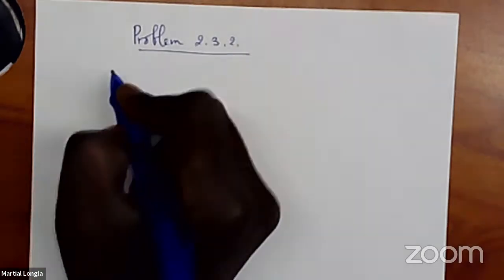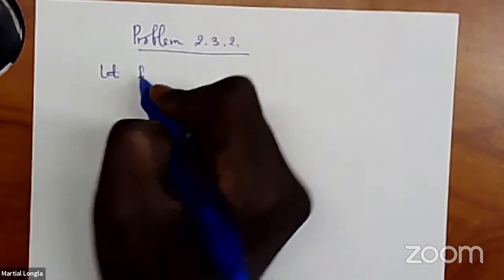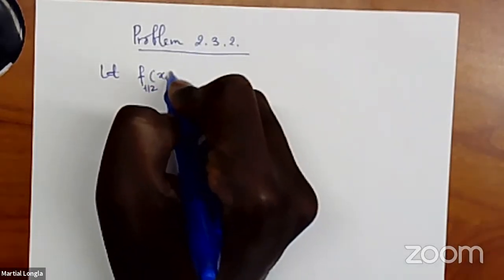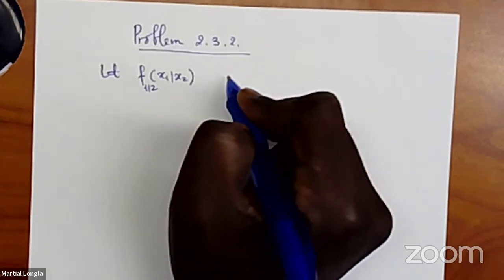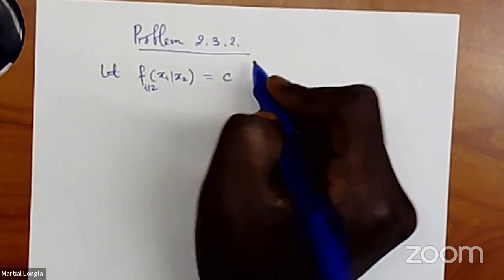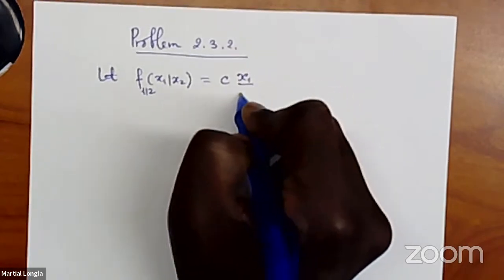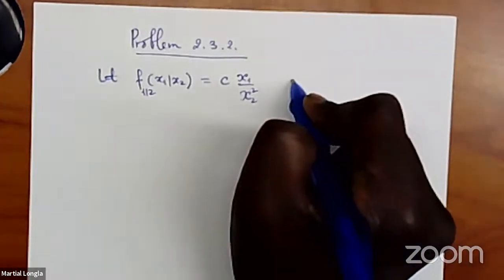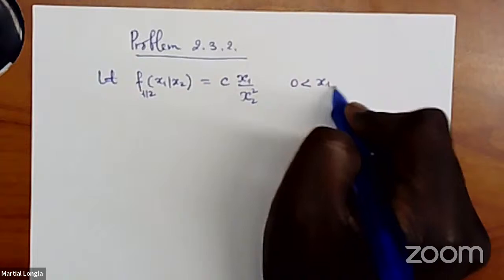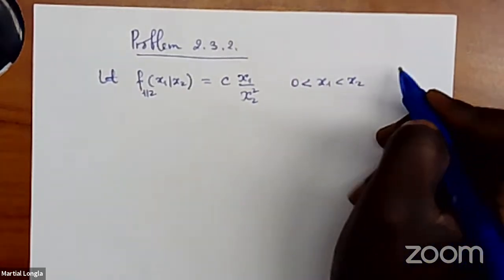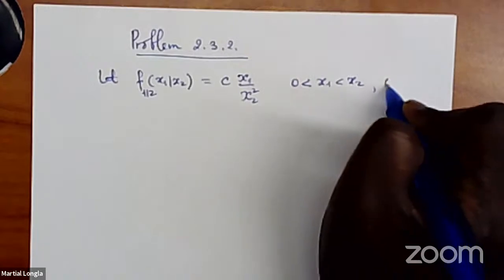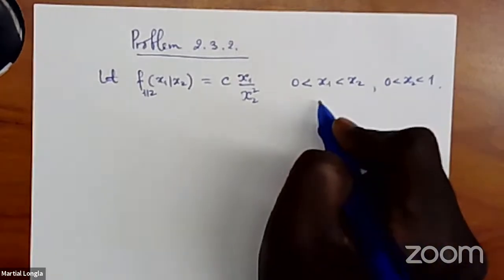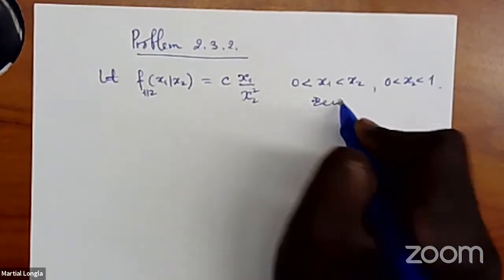Let f of x1 given x2 of x1 given x2 be equal to c1 x1 over x2 squared under the condition 0 is less than x1 less than x2 less than 1, and 0 elsewhere. I have never seen this problem, why am I picking it?